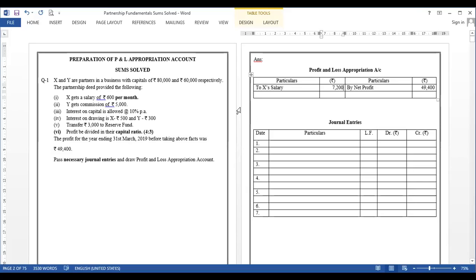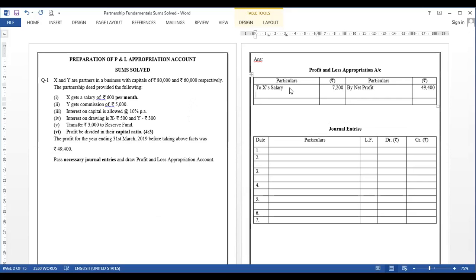Okay, next. Y gets a commission. I will have to debit it to Y's commission. Amount is rupees 5,000. Next, interest on capital is allowed at the rate of 10% per annum. Debit side too.